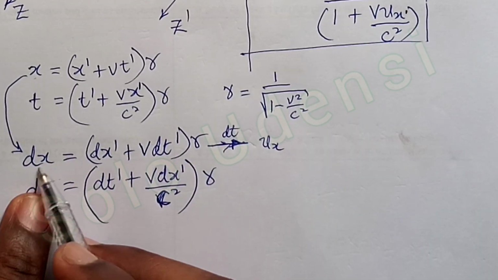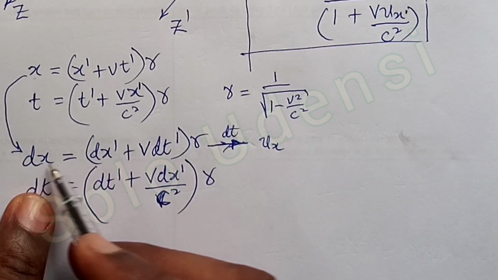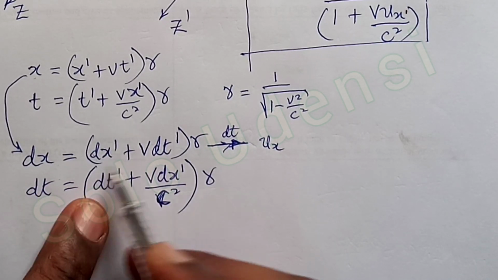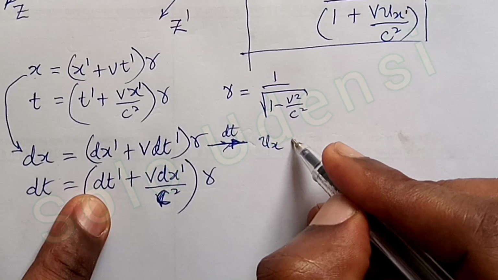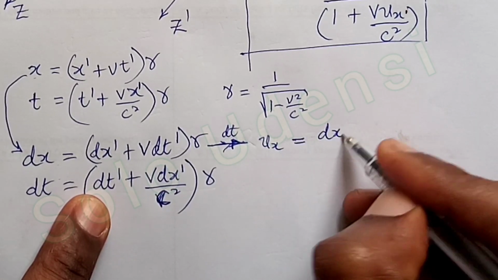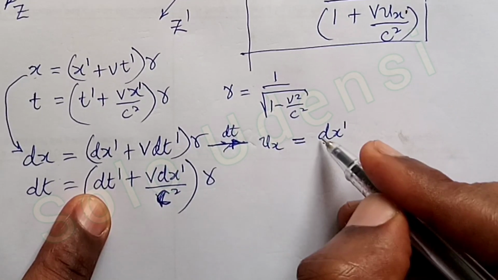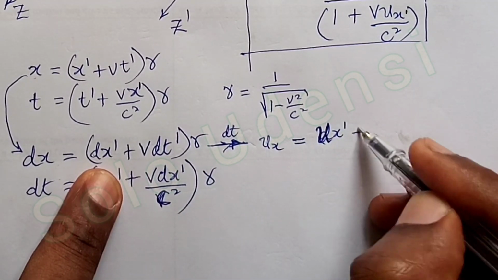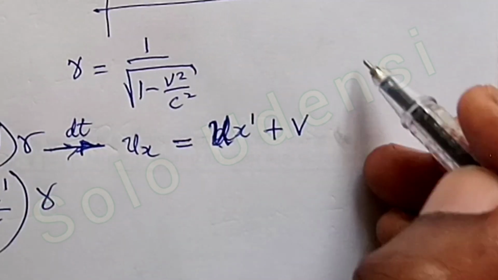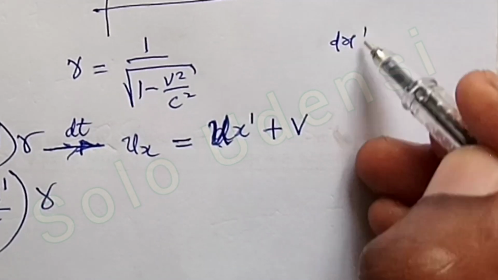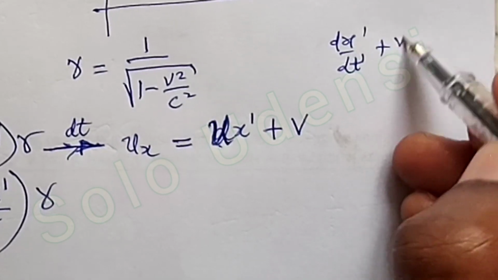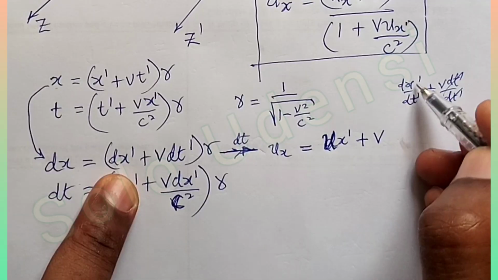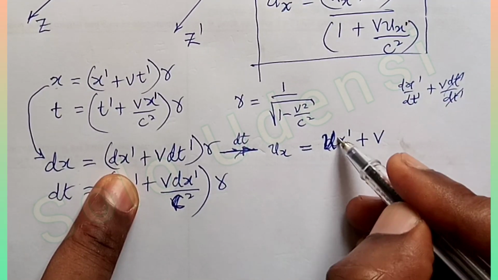If we divide the first equation by dt prime, we will have dx over dt prime, which is ux prime plus v, because we will have dx prime over dt prime plus v dt prime over dt prime. So we will have ux prime plus v.